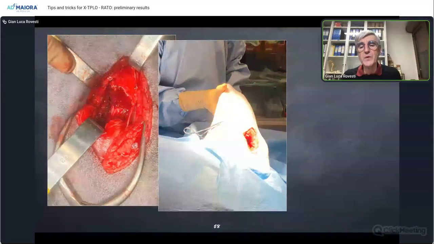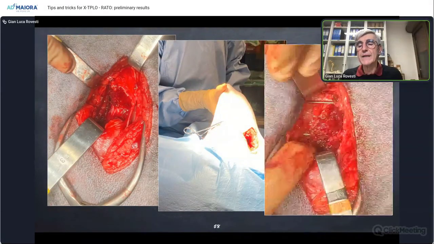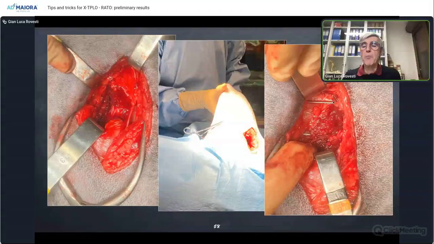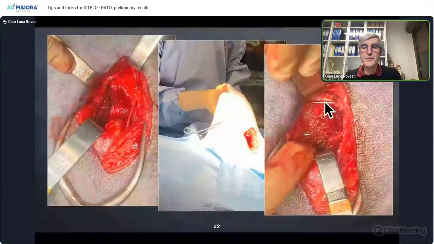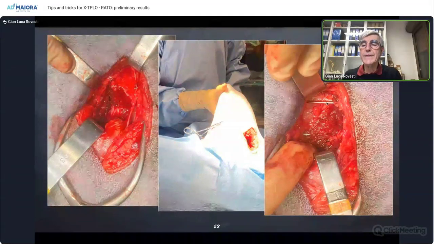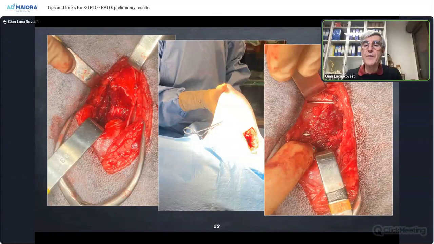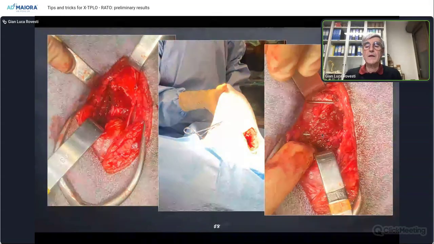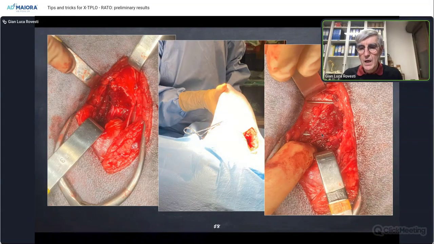And once we feel confident that we have the correct plane, we can select it and mark the plane by inserting 2 K-wires, one at the proximal extremity of the femur on the trochanter, on the ridge that is on the proximal part of the trochanter, and one on the femur very close to the lateral cortex of the femur.